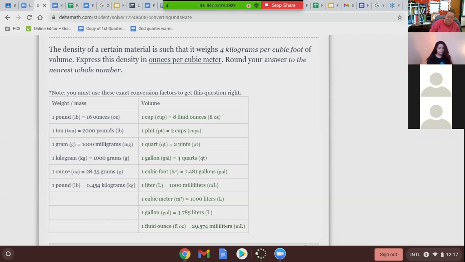Then your next fraction is going to be 1 pound over 0.454 kilograms. Then you said 4.5 kilograms? 0.454.